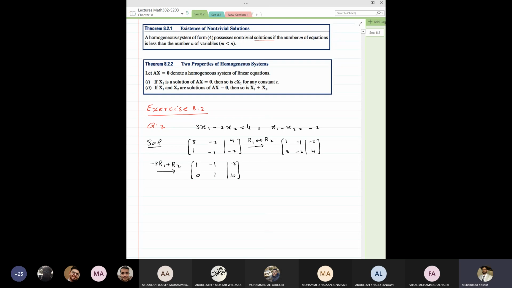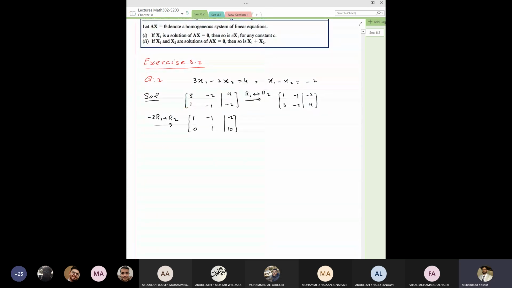Now this is echelon form, and we say it is Gaussian elimination so far. Now if we stop doing row operations here and write the equations from this system, from the last equation we get 0x1 plus 1x2 equal to 10, which means x2 equal to 10.